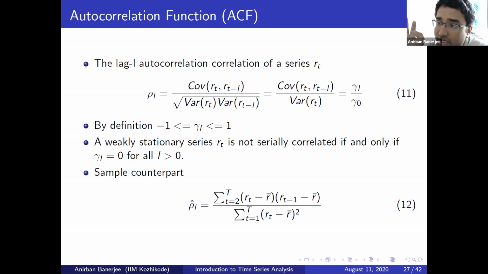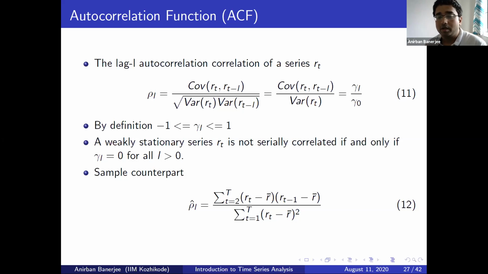A weakly stationary series RT is serially uncorrelated if and only if rho L equals 0 for all L greater than 0. So if all the higher order autocorrelations are statistically equal to 0, only then we can say that there is no serial autocorrelation present in the series. So each observation in that series is independent of the historical value.